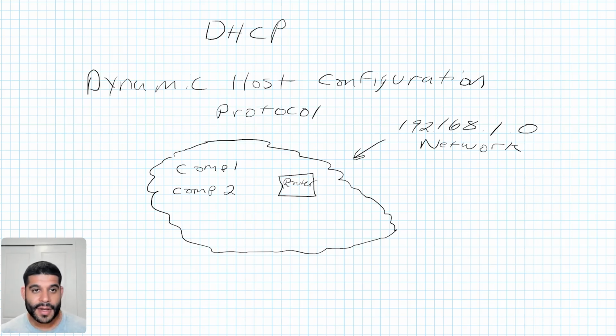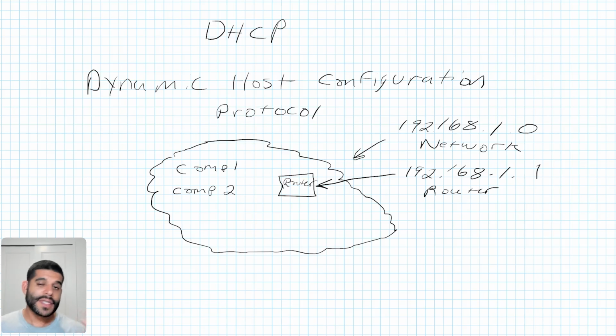So now the next item on the list is, of course, we need to give an IP address to every single device that's talking on the network, and of course, including the router. So I'm going to make a nice little arrow over here, and we're going to say 192.168.1.1. So that is the IP address for our router. Now guys, if you recall, this network is a /24, or that is a prefix.